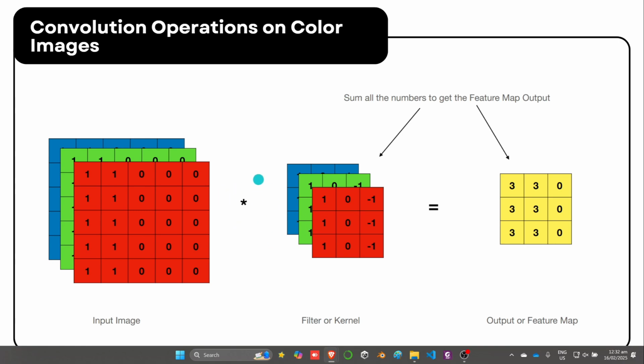People are often confused about why the output is two-dimensional. The reason the output, the feature map, is still two-dimensional is because we take the colors and then we sum them up.